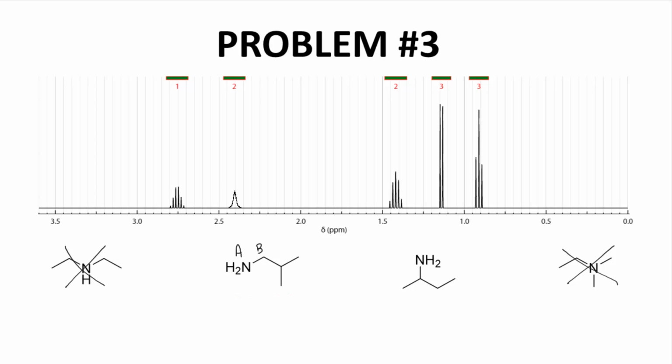There's a CH2, there's a CH. That methyl and that other methyl are the same by symmetry. They're going to overlap. So we shouldn't see 2 methyl groups for this second structure. We should just see 1 6-hydrogen signal for both those methyl groups. That is not what we see.